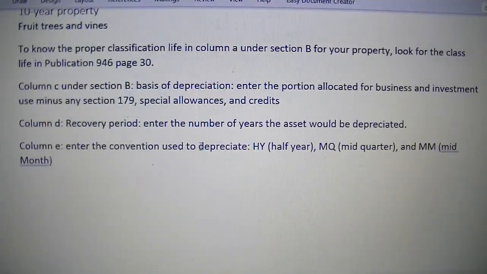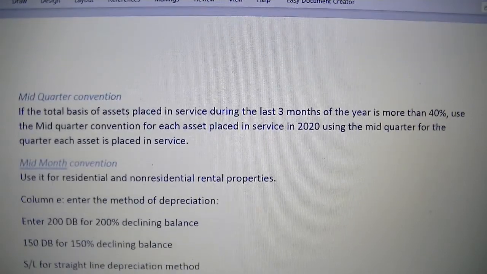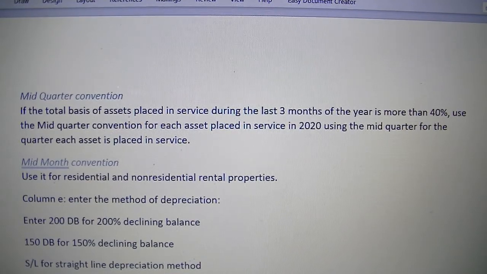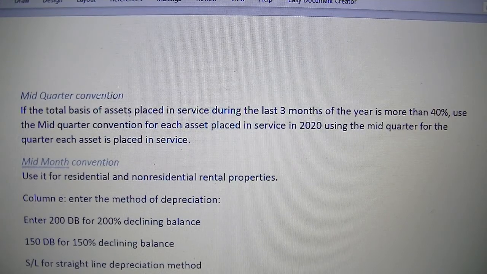So let's cover every section. So mid-quarter convention. If you place assets in business in 2020 for the first time, first is good. Whenever you purchase something to use in your business that you know is going to last more than a year, that you know is depreciable, you record it. We do have a depreciation spreadsheet.